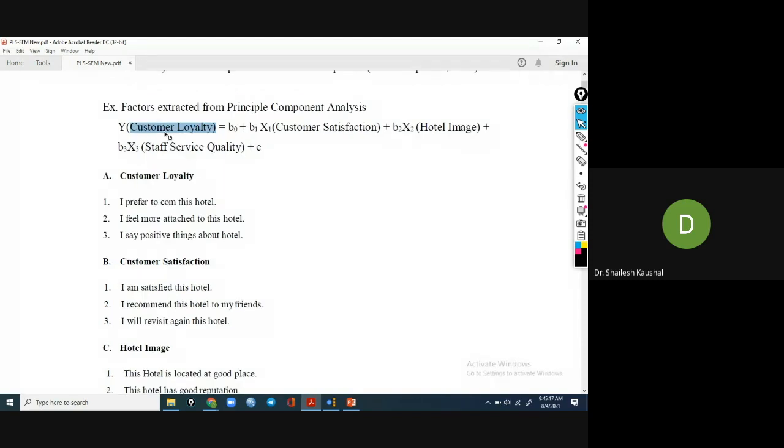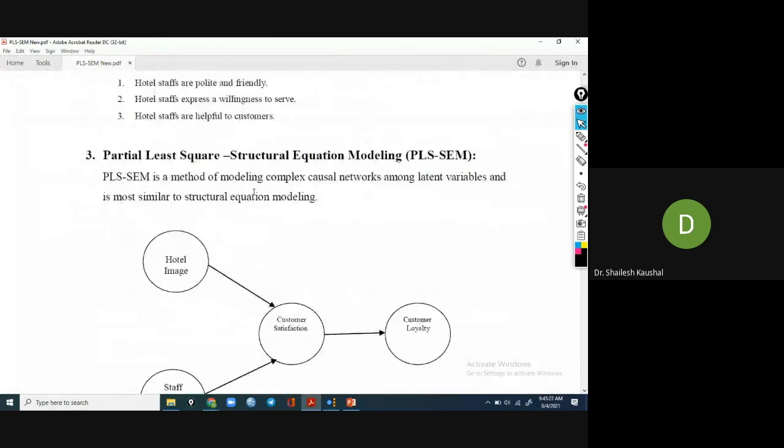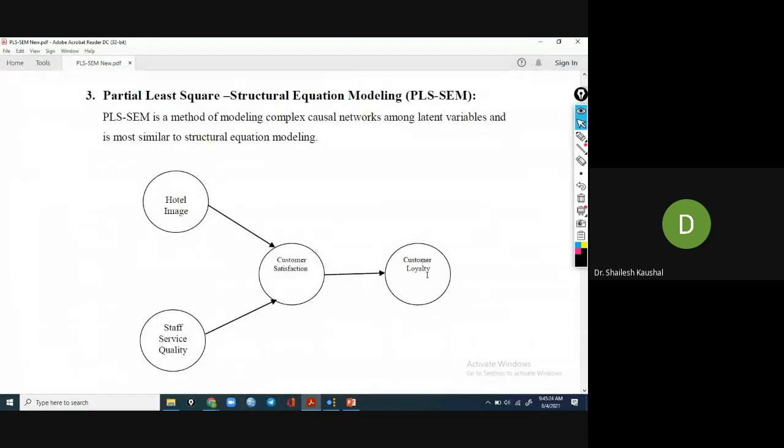We can present the same equation in the form of a diagram. Customer loyalty depends on customer satisfaction, and customer satisfaction again depends on two constructs, hotel image and staff service quality. If hotel image is good, then customer satisfaction may be good. If staff service quality is good, then customer satisfaction is good. If the customer is satisfied, then naturally he will be loyal and revisit again. Okay.